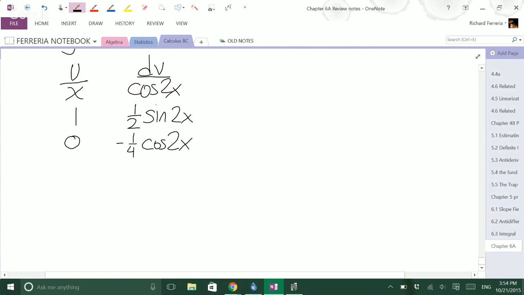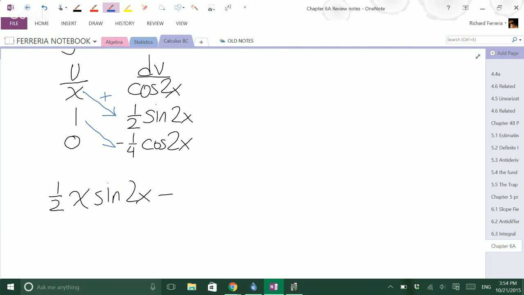If you put everything together, you're going to get 1/2 x sine 2x minus negative 1/4 cosine 2x.